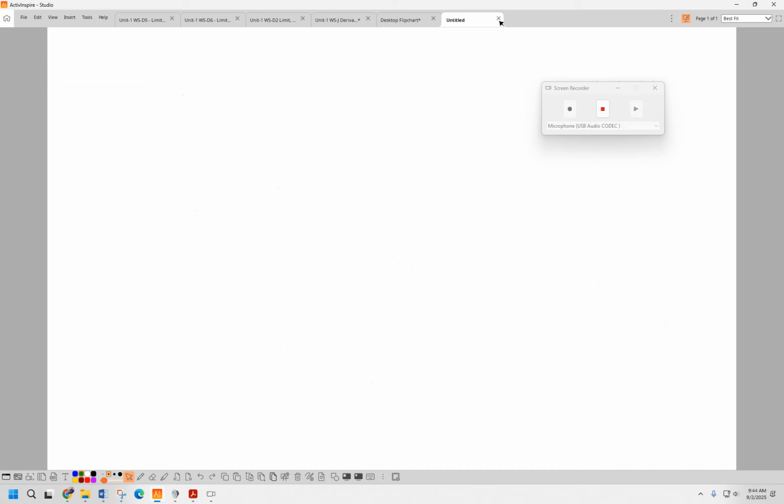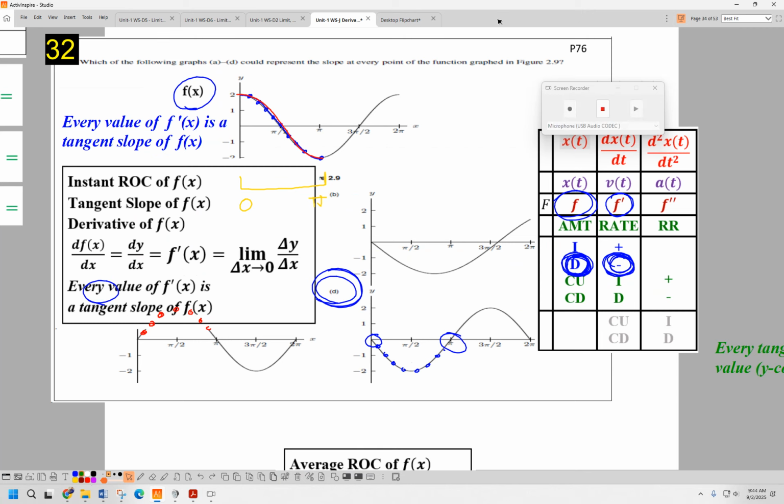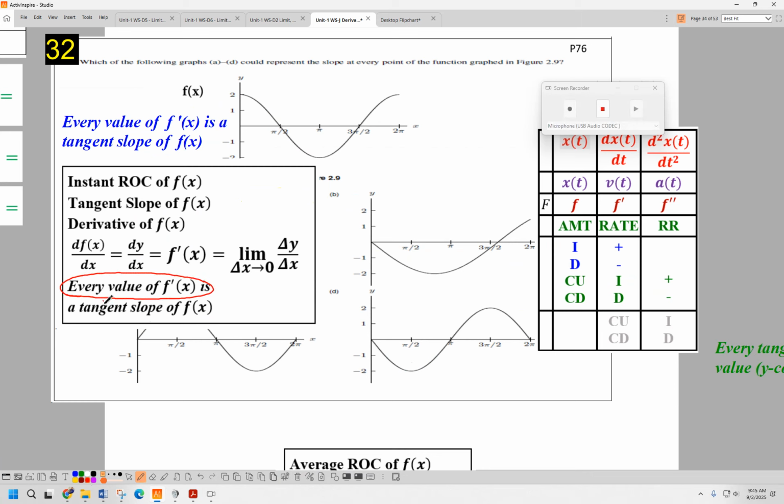So right here it says every value of f prime, that means every y coordinate of f prime, is a tangent slope on f. I think that's what you just said.